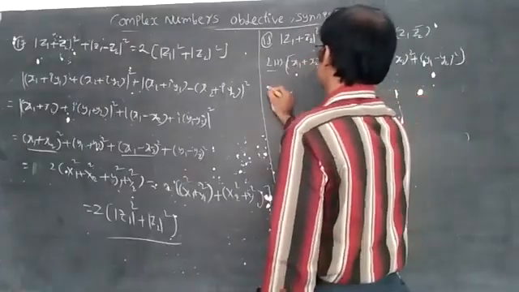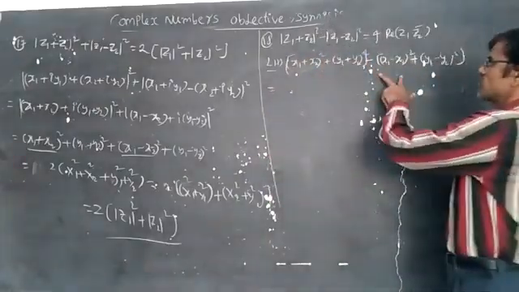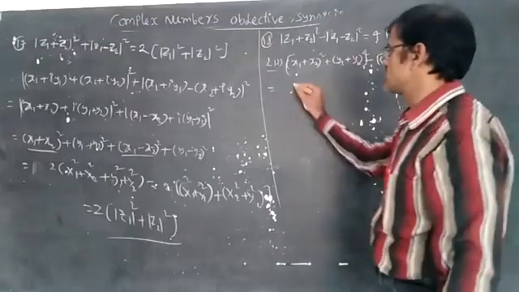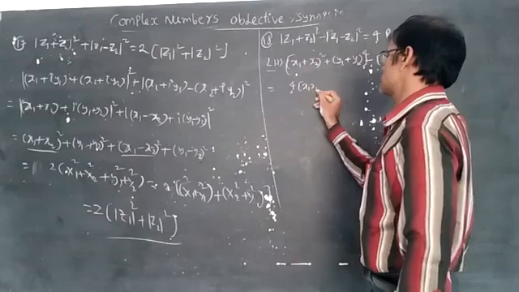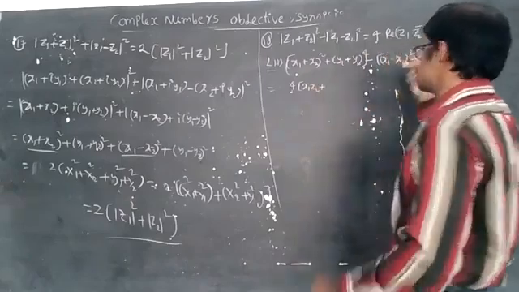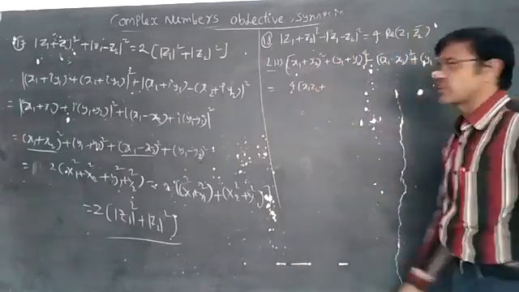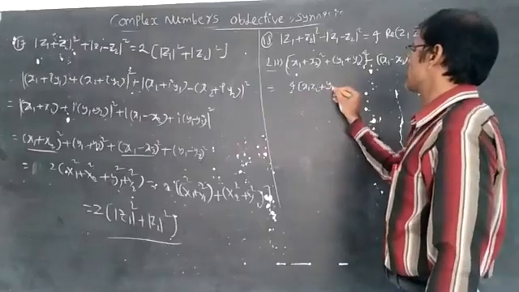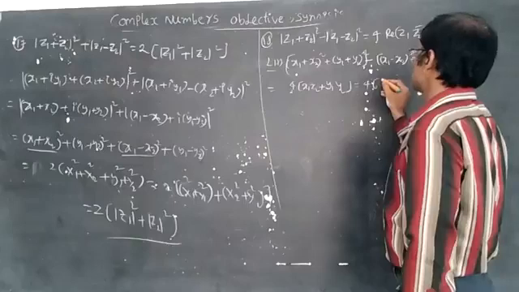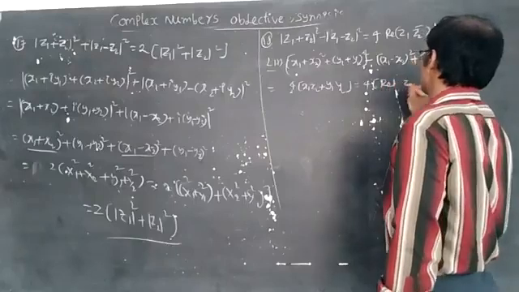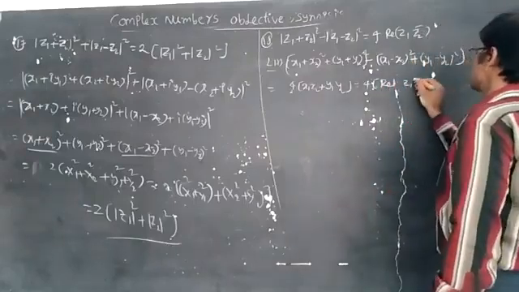Separate it. You can understand x1 plus x2 whole square minus x1 minus x2 whole square, it is algebra right here, 4x1 x2. And this is y1 plus y2 whole square minus y1 minus y2 whole square, 4ab concept, this is 4y1 y2. So 4 into this can be understood as real of z1 z2 bar.